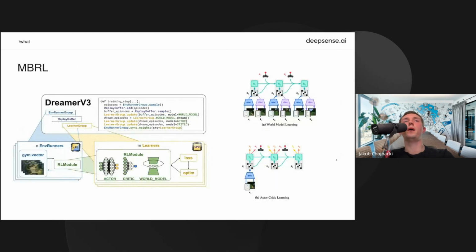And of course, the world wouldn't be that nice if we didn't have model-based RL. If you like DreamerV3 like me, of course you would like to have the possibility to not only spin many environments, but also many world models.